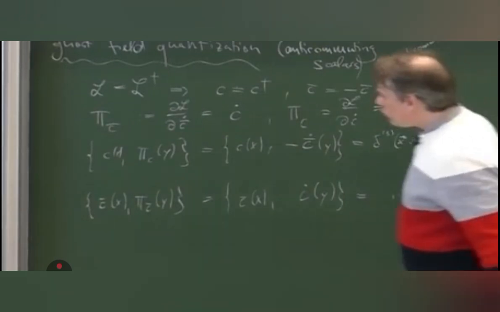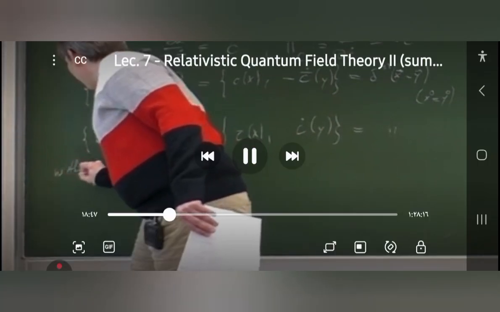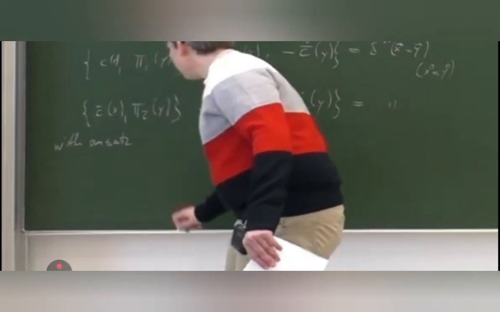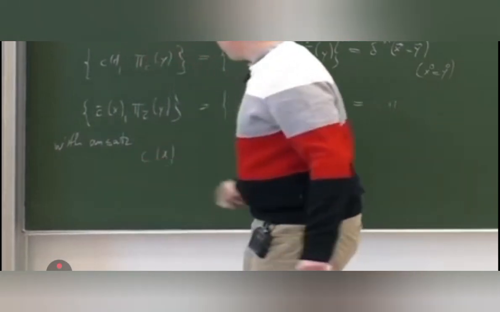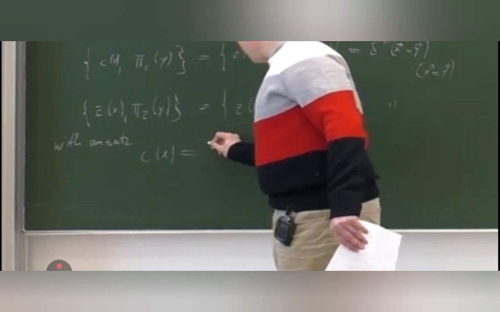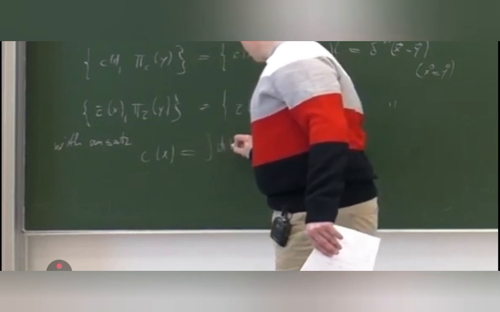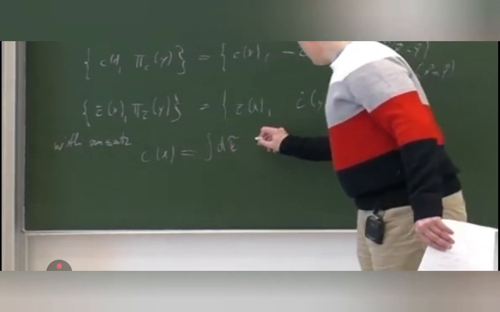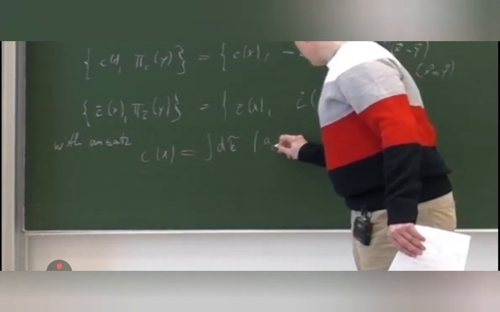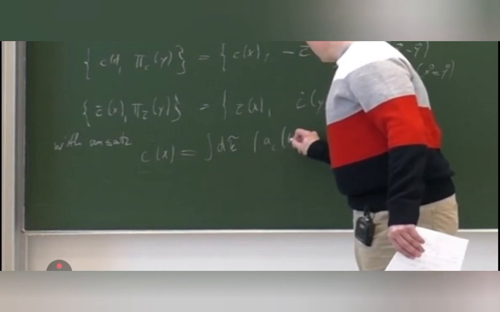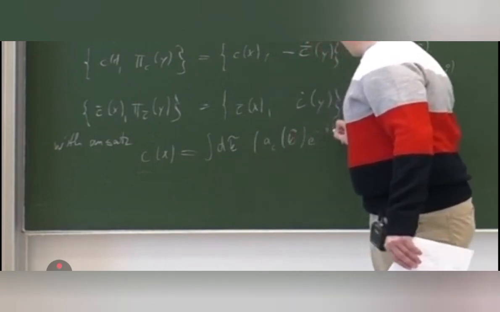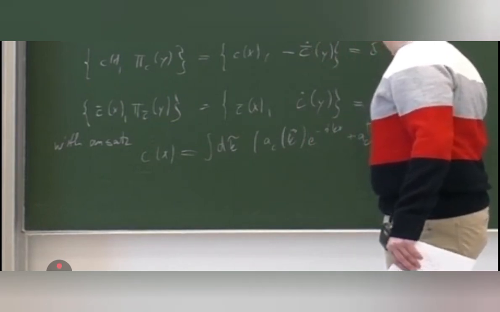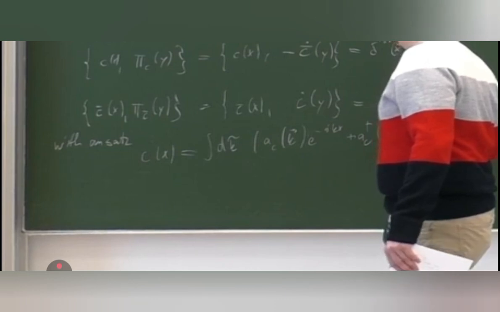You write down the usual ansatz. And here the ansatz would be for the ghost field operator. So as an operator expression, we do the ansatz C of x operator is equal to this usual integral over a Lorentz invariant integral measure dk tilde times an annihilation operator a sub c of k times e to the minus ikx plus a c dagger of k times e to the plus ikx.